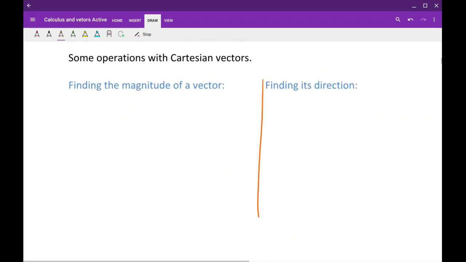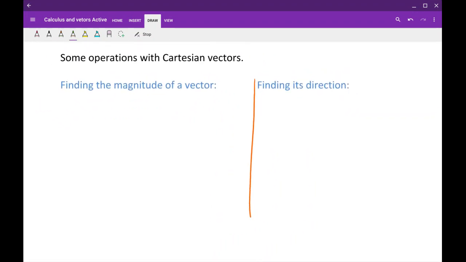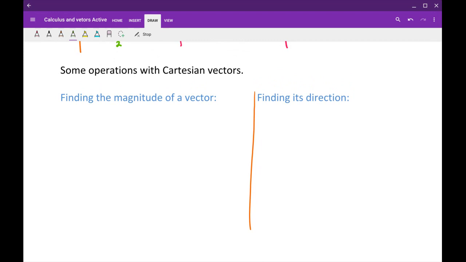So how do we find the magnitude of a vector? In the geometric vectors, let's say I've got a vector here. This is a geometric vector, which was the last chapter. Let's say I've got some vector called 7 at 200 degrees.